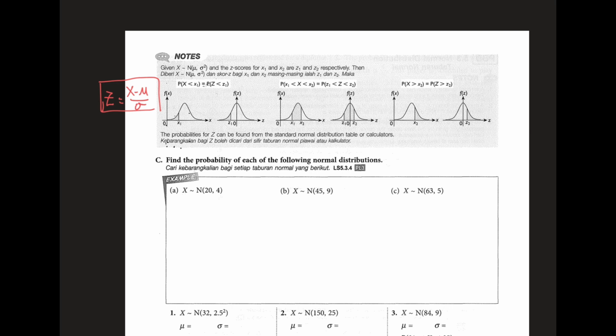You see just now our example, x is normal distribution with mean 25 and variance 2 square, x is 29. So we change it to z, right? 29 minus 25 over 2, z equals 2. So you can see x and z are different values. X is 29, z is 2, a different value.